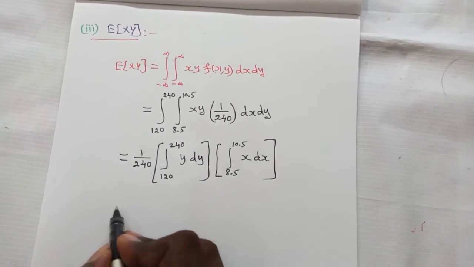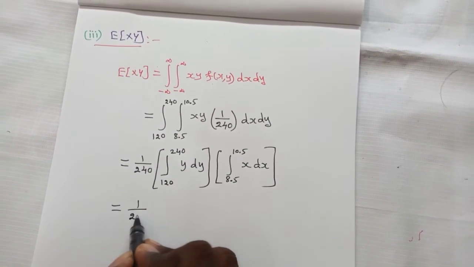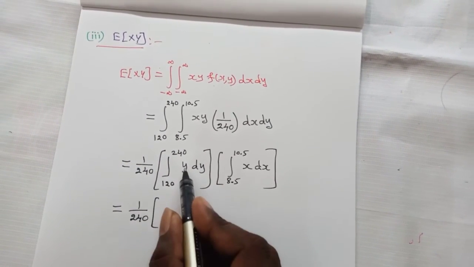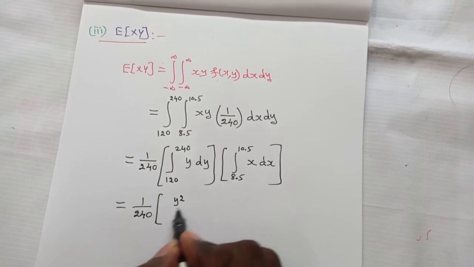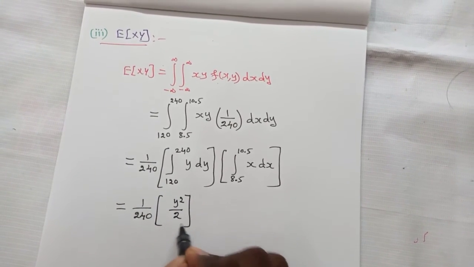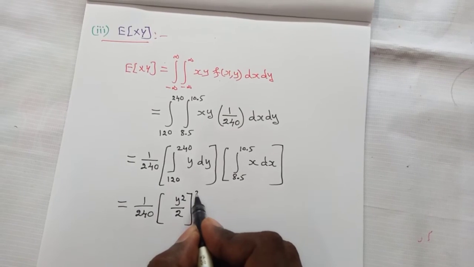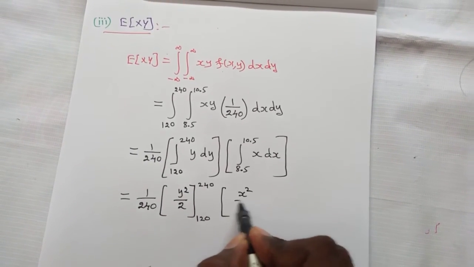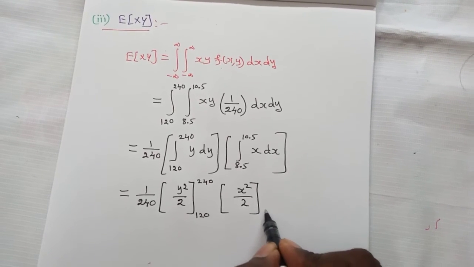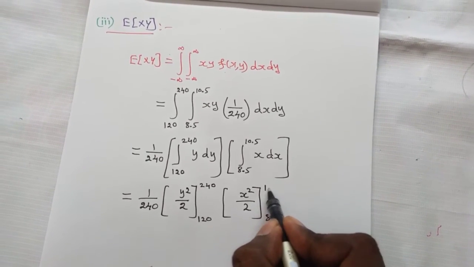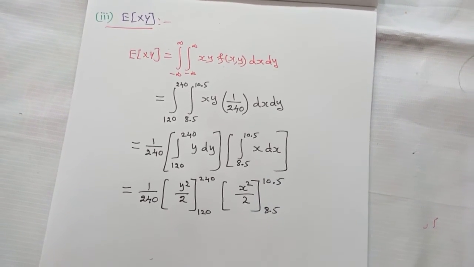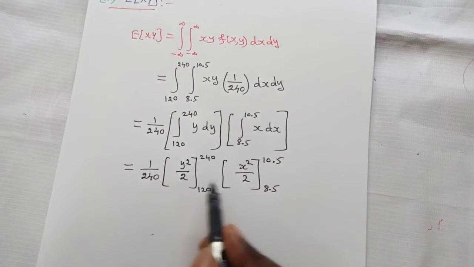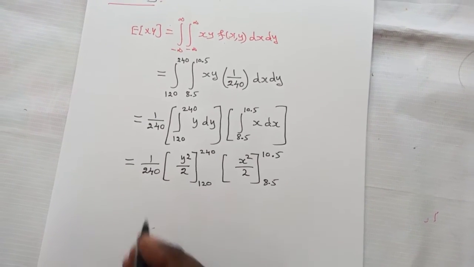Now I am going to integrate. First, integrating with respect to y gives y square by 2, with the limit for y from 120 to 240. And then the integration of x is x square by 2, with the limit for x from 8.5 to 10.5. Now this 2 into 2, 4, can be taken outside.